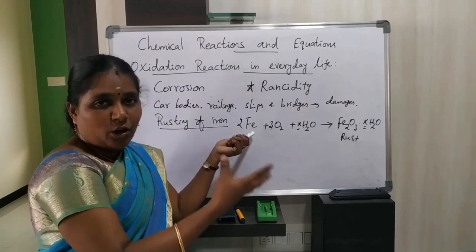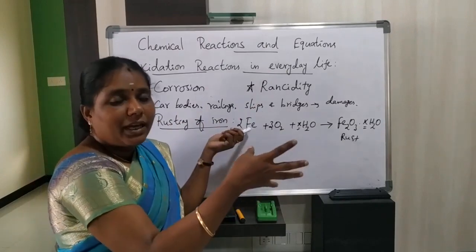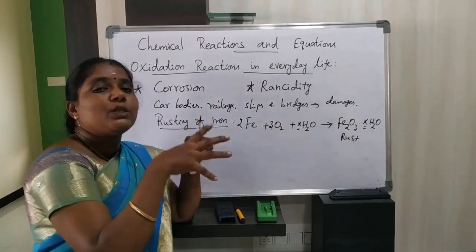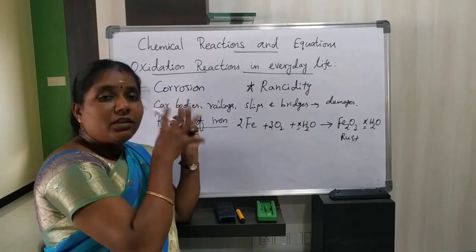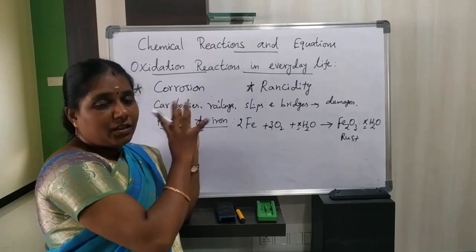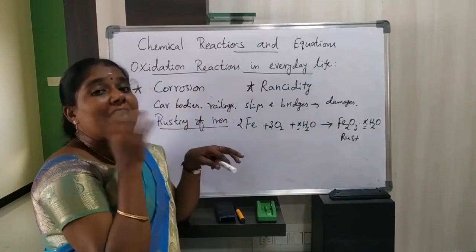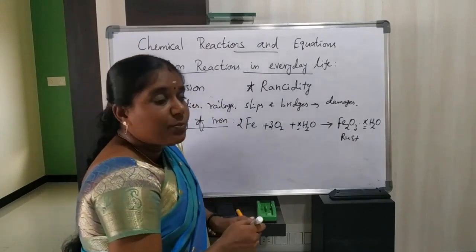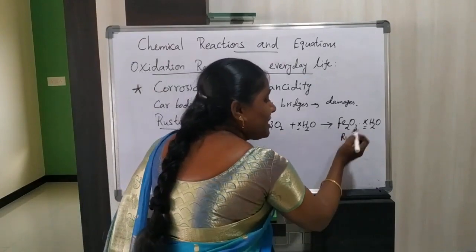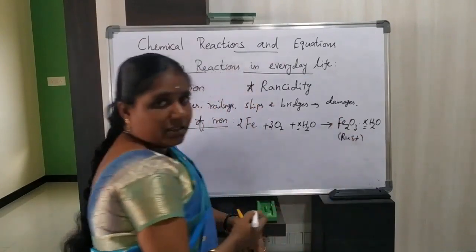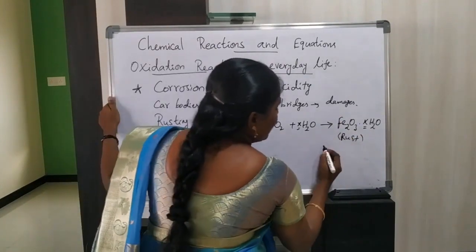Suppose any iron objects we keep outside, that iron combines with moisture and the oxygen present in our atmosphere. Slowly it reacts together and forms a new substance, that reddish brown substance. That brown new substance is called what? Rust. What's the chemical name of this rust?